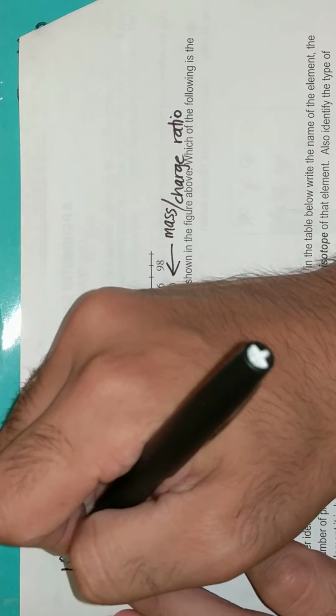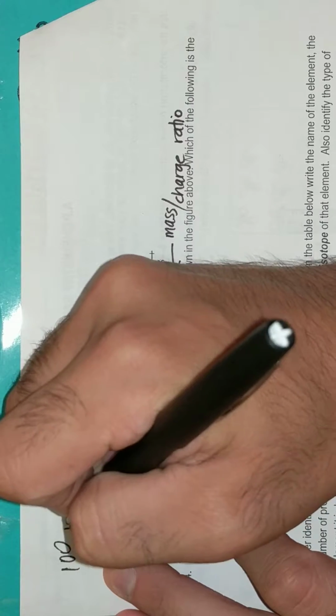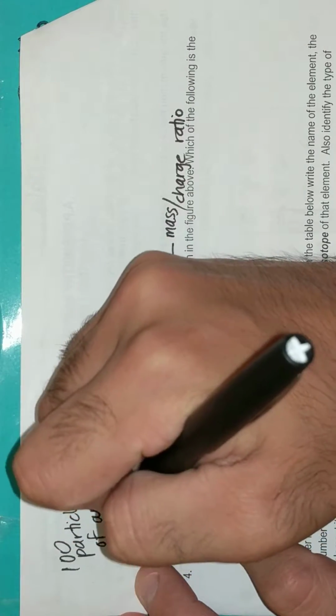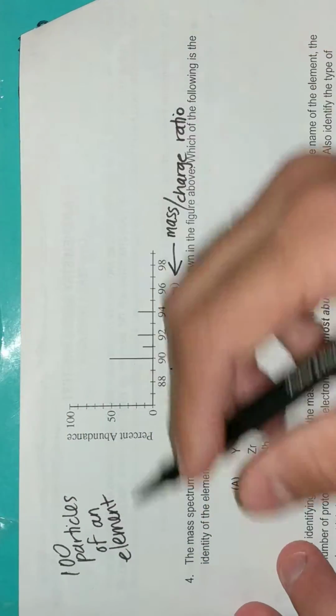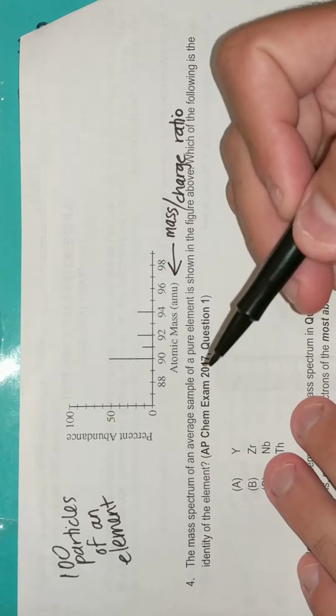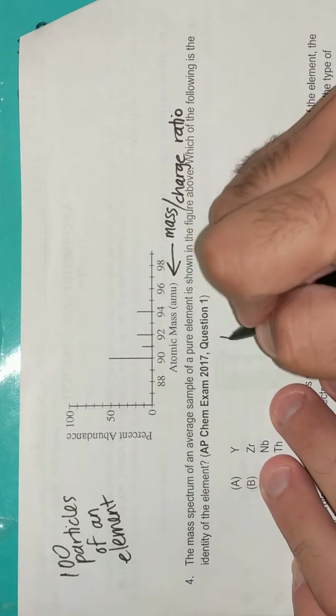What this means is if I throw 100 particles of an element into a machine, a certain percentage of them weigh a certain amount. And why do I say that?